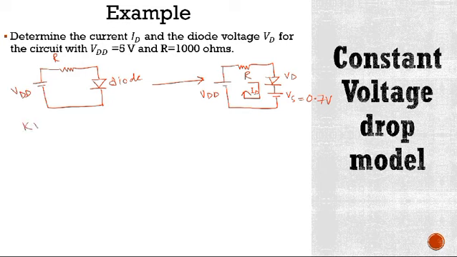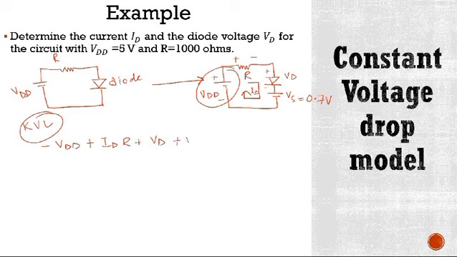First you will write the KVL equation. This is positive, this is negative, this is positive, negative, positive, negative. So we'll start our analysis from here. Our KVL equation will be minus VDD plus IDR plus VD plus VS is equal to 0.